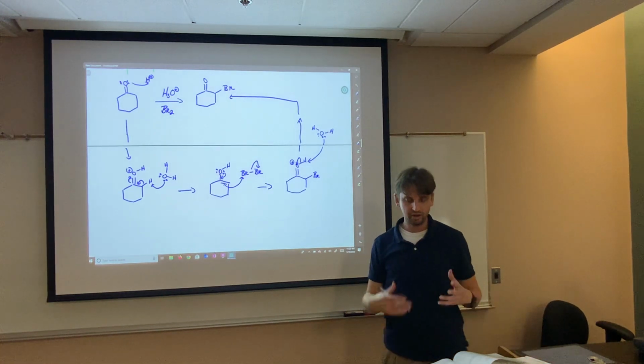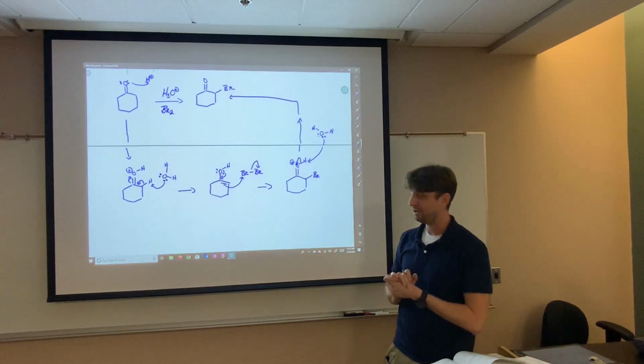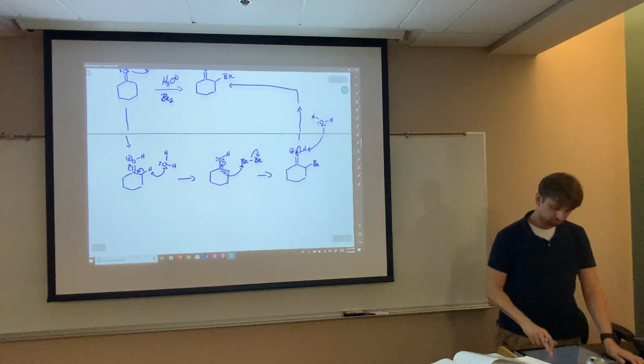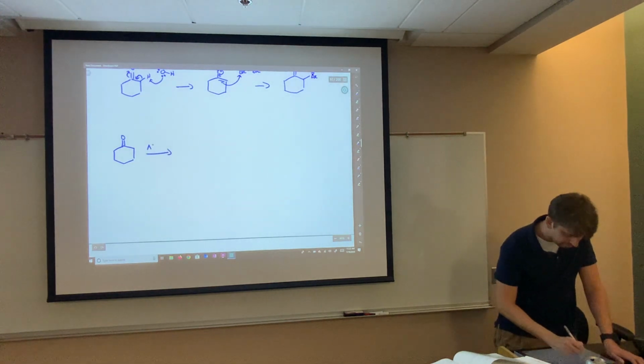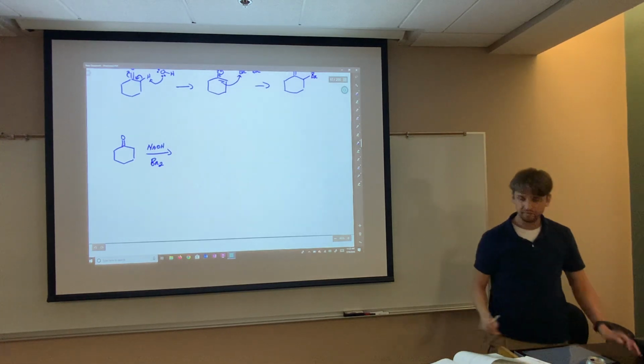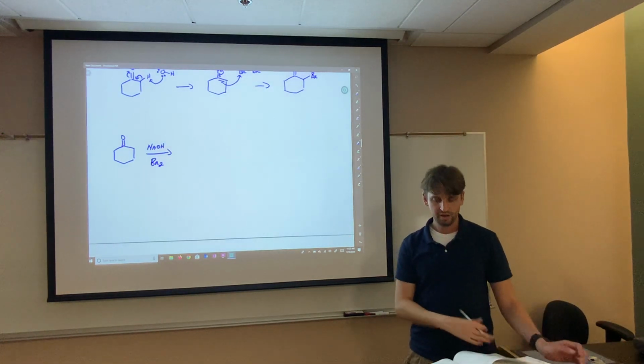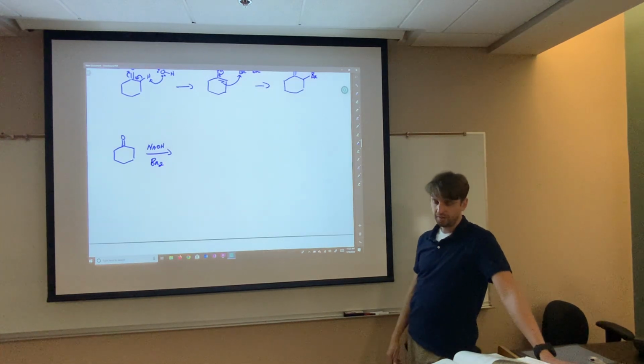So we really only tend to see one of our halogens added. That is opposed to us doing the same thing under basic conditions. Under basic conditions, what we can end up doing is adding multiple halogens there.